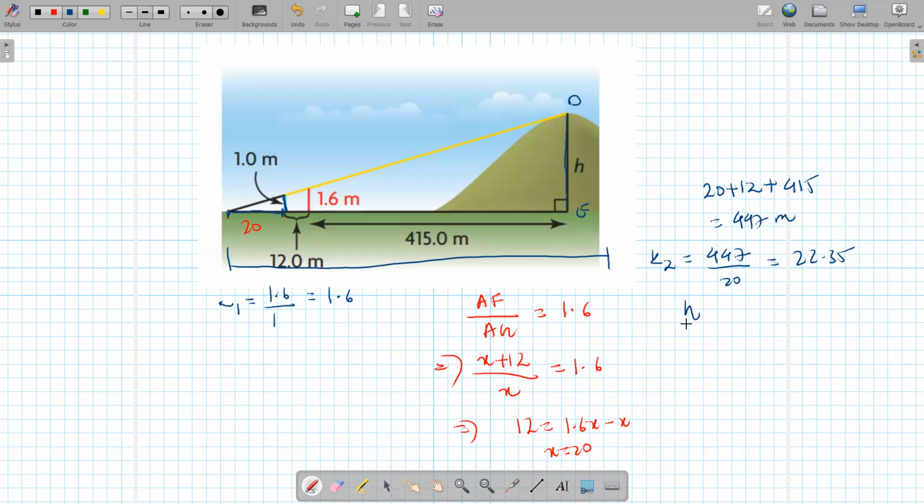Therefore, h divided by 1 must be the scale factor, yeah? So h divided by 1 is the scale factor, so 22.35. Therefore, the height of whatever that is, hill, is 22.35 meters.